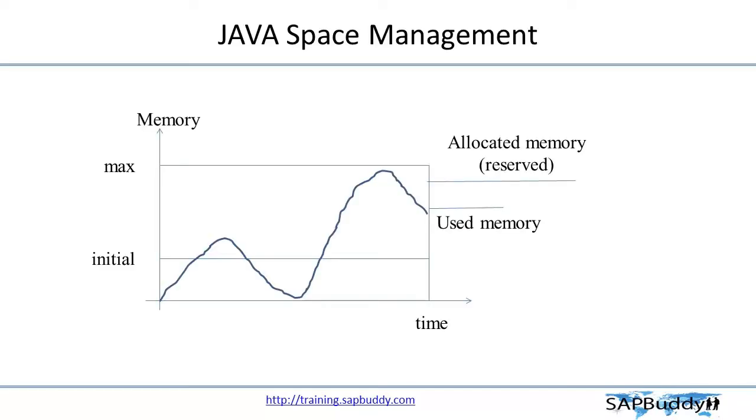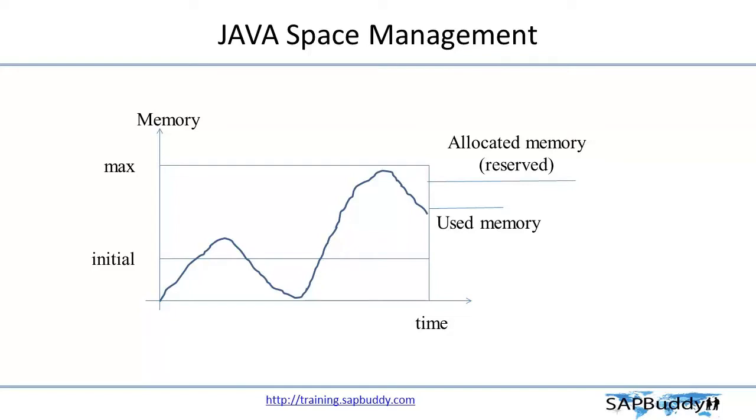Okay, before we get into the configuration tool, we need to understand Java space management. That means memory management inside Java. This is a very important topic. We will come to memory management in ABAP in a later session in detail.